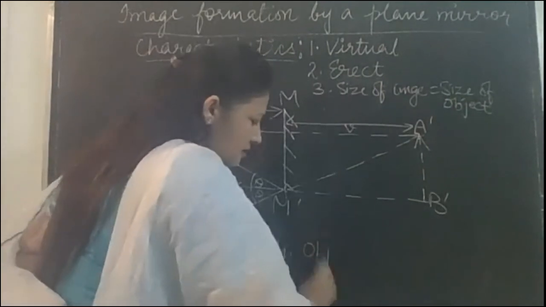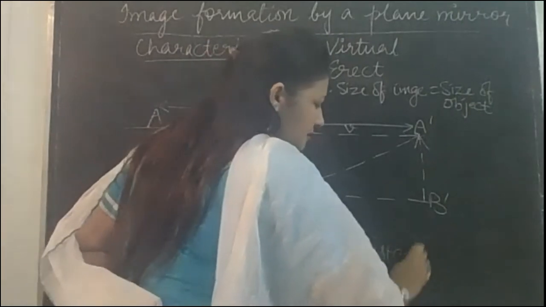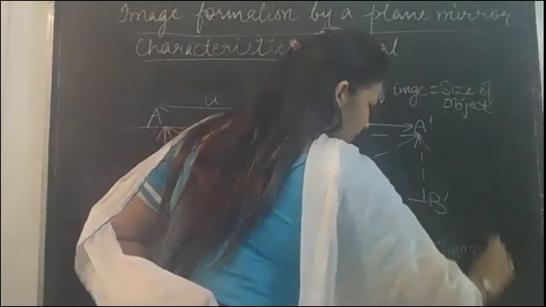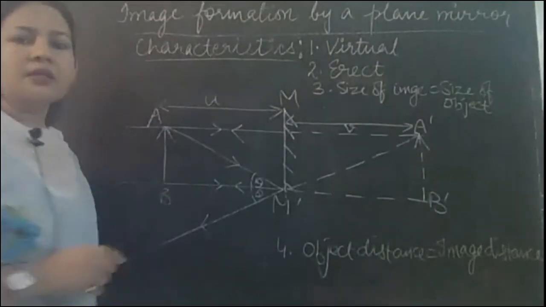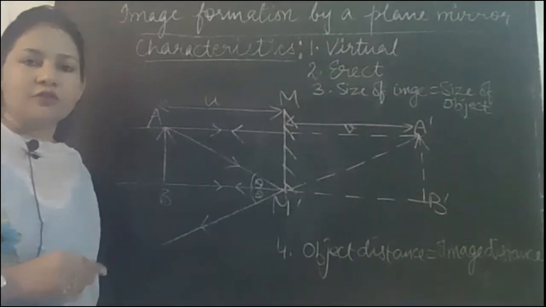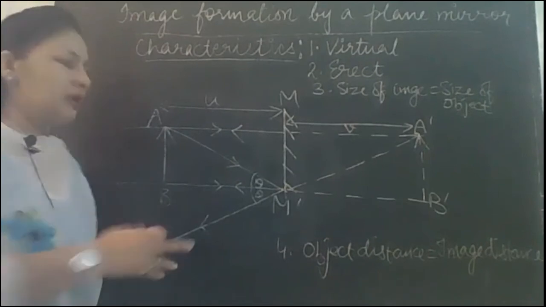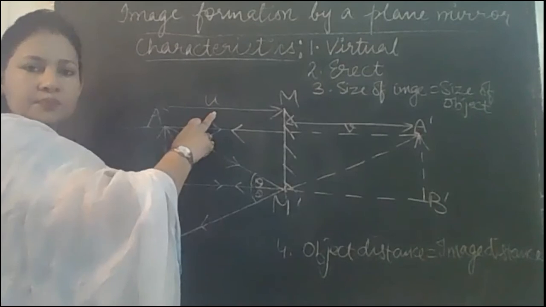Object distance is equal to image distance always. What do we mean by object distance? Distance between object and mirror is called object distance and usually we denote it by u.